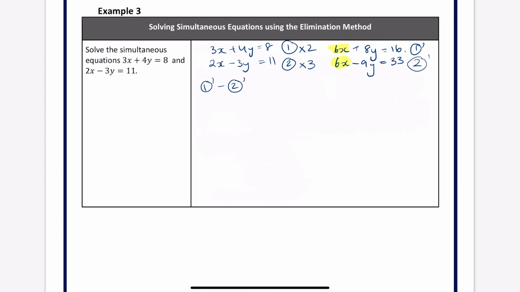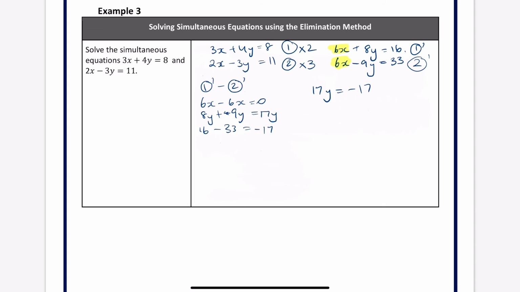So 6x minus 6x equals 0. 8y minus 9y, this becomes a plus, it becomes 17y, and our last one is 16 minus 33, it's always good to check on the calculator, which equals minus 17. So our 0 goes away, we've got 17y on this side equals the negative 17 on the other side.